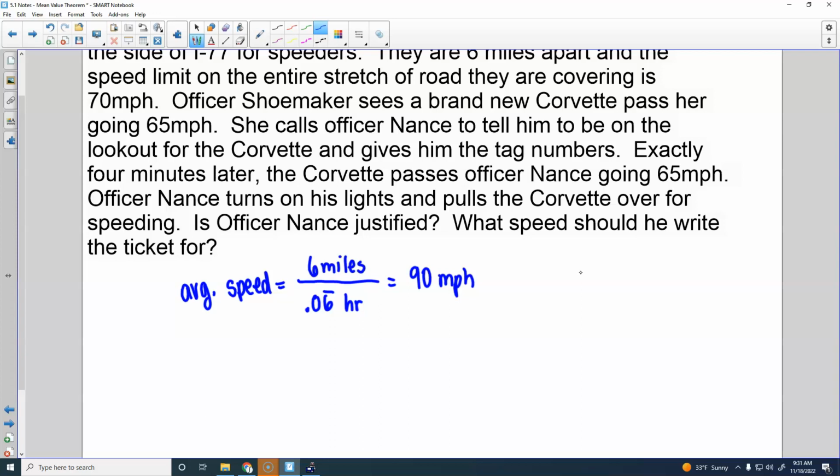Plus, 90's like take-your-license sort of speeds. Most of the time, they'll bump it down so you don't immediately lose your license unless you got a lot of priors, and then you're in trouble for that one. This is not a good situation. Don't go 90 miles per hour or more, all of you out there.